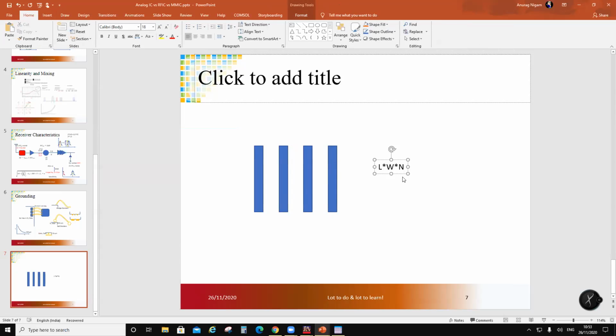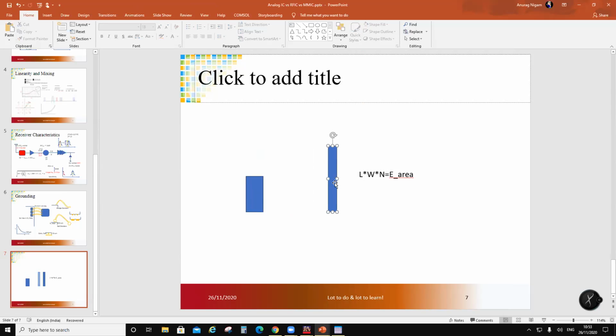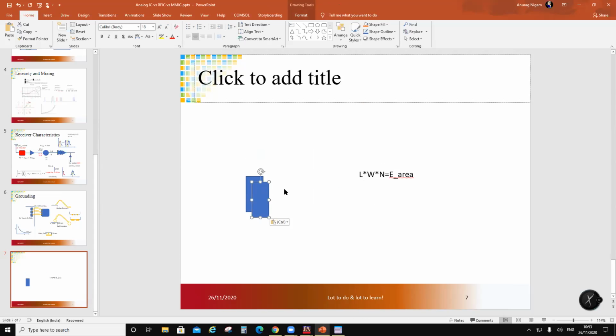This is the total emitter area. What he did was, he wanted to cut down on the size of the PA. So he made the width twice, and he cut the length to half. Now the area remained the same. If I keep the same number of fingers, the area remained the same.